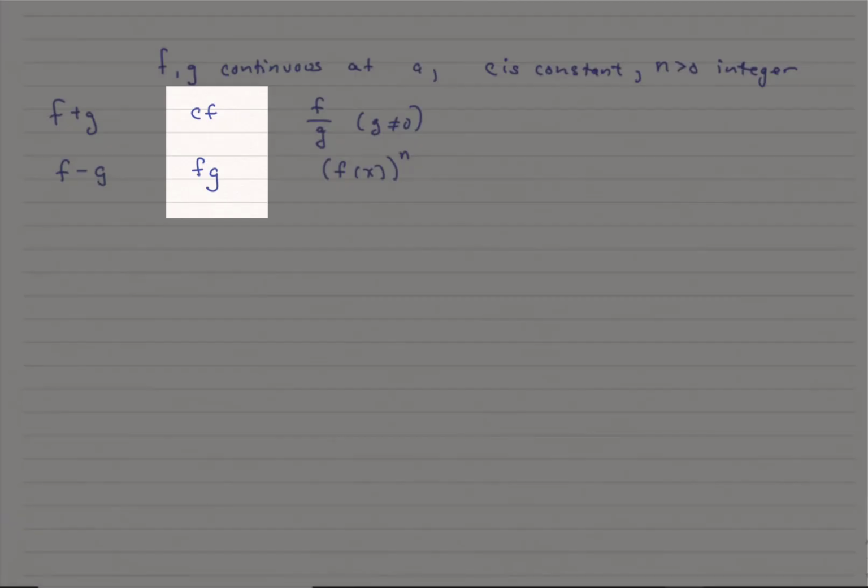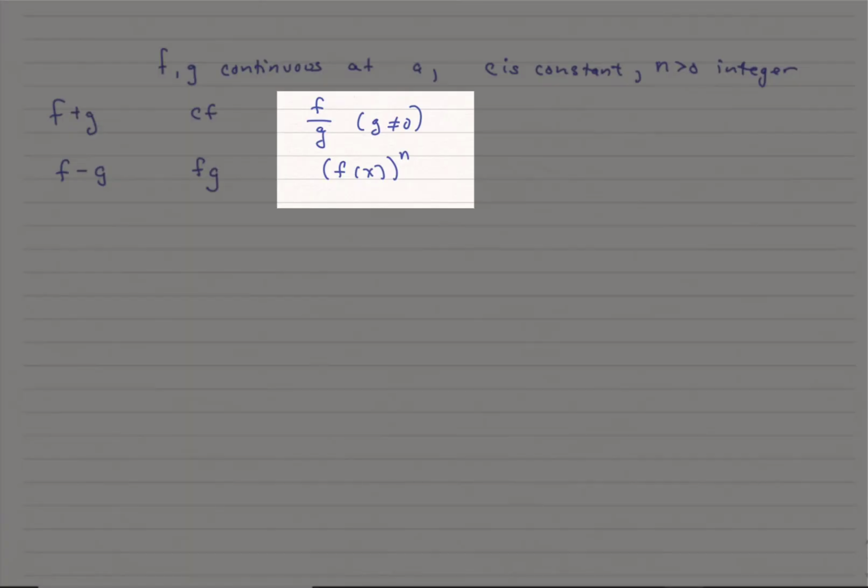I can multiply f by a constant c, and that will still be continuous. And I can even multiply f and g together, and the result will still be continuous. I can divide f by g. As long as g does not equal 0, then this is also continuous. And finally, if I take f of x to the nth power, that resulting function will also be continuous.